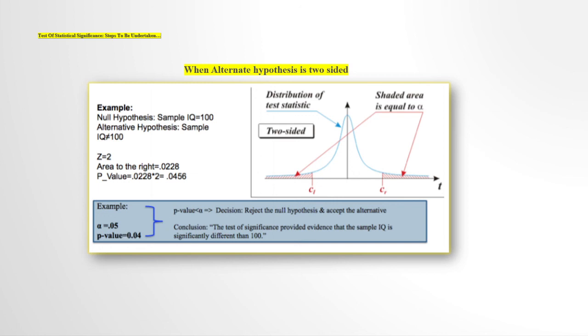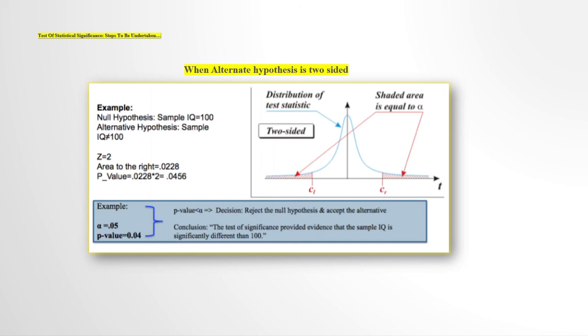Now here again the same thing will happen: we would accept the null hypothesis only if the p-value is more than 0.05, which it is not. So the conclusion, under the two-sided alternative hypothesis shown by the figure, is that the test of significance provided evidence that the sample IQ is still significantly different from 100.